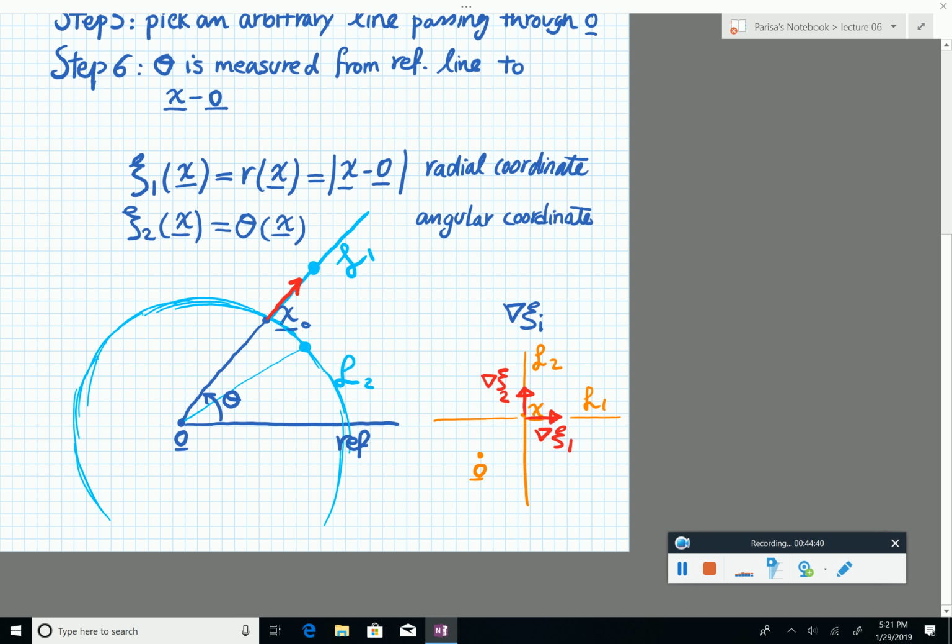And then the direction of the tangent here, remember we chose the direction, the direction of these two guys. And in polar coordinates, we don't use 1 and 2. You typically call this one r and this one theta for obvious reasons.